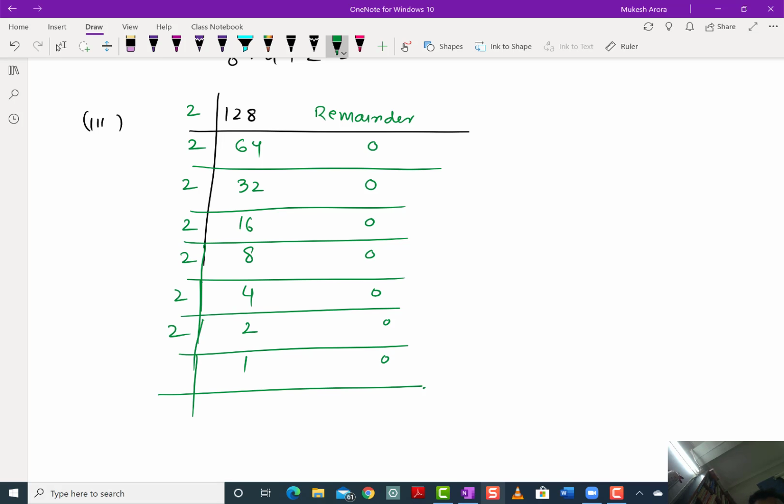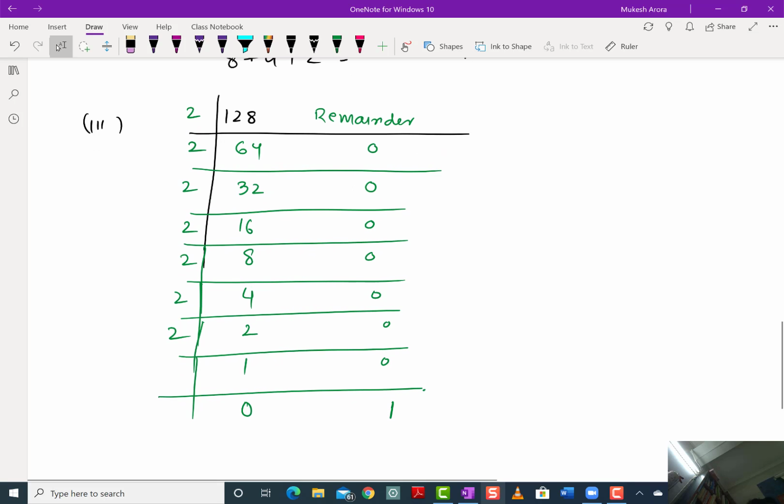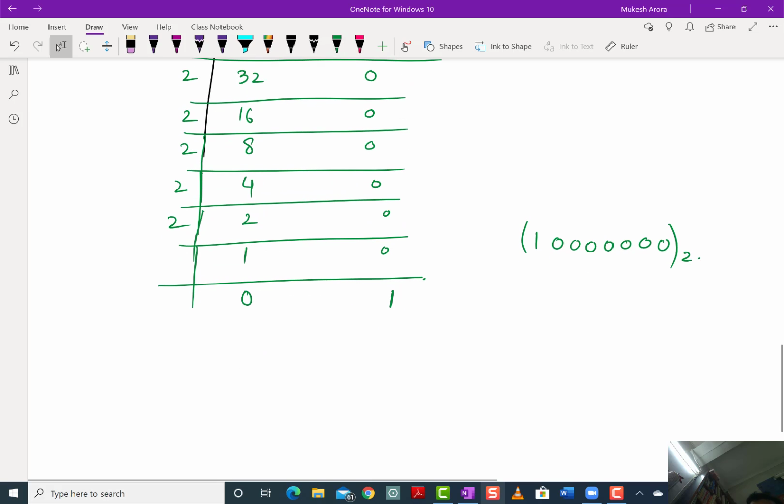So this is 1, last one will be 0. So it will be 10000000 with the base 2.